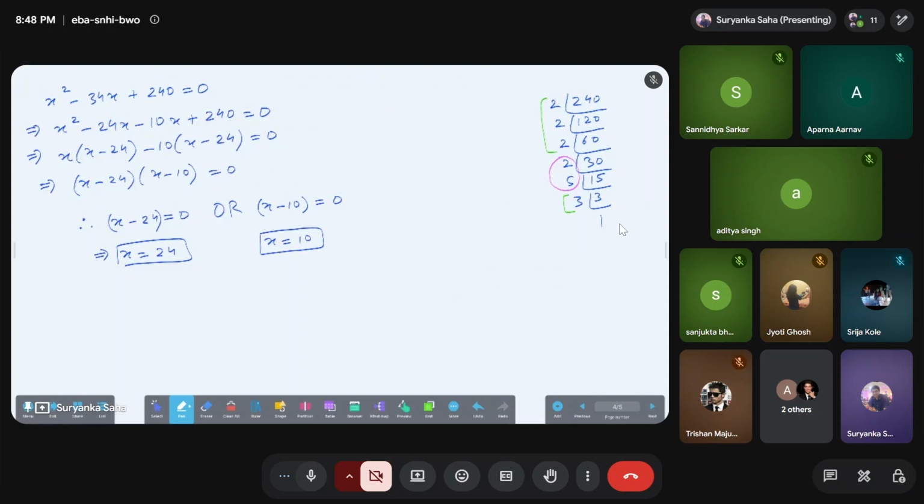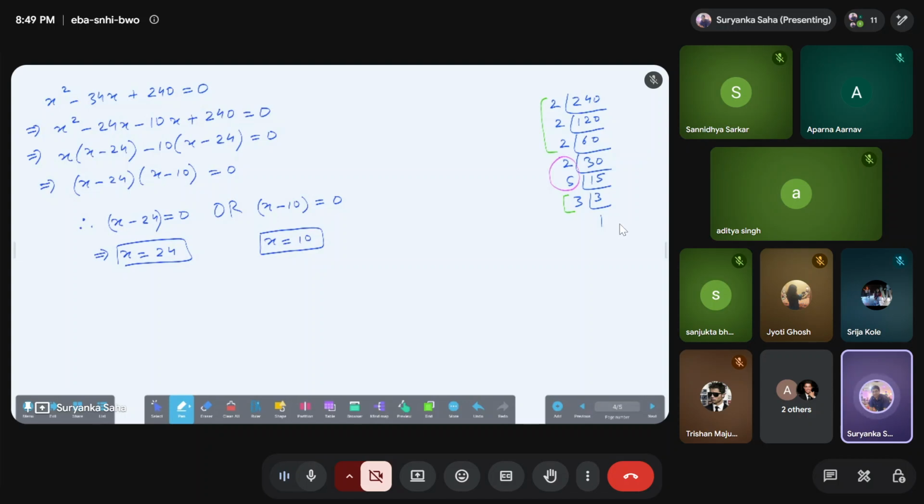Okay, so what is the trick over here, students? You see, 34 is an even number. You have to do middle term splitting. Listen carefully. What is the trick I have used? 34 is an even number, so while splitting I have to split it into two groups, and both the groups should be even, isn't it?